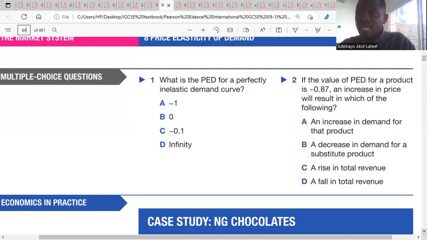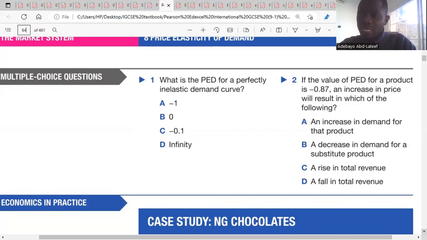What we're saying is that consumers are willing to buy the product at any price. So if the price increases, what happens? The total revenue will increase. The PED is 0.87, which is inelastic.